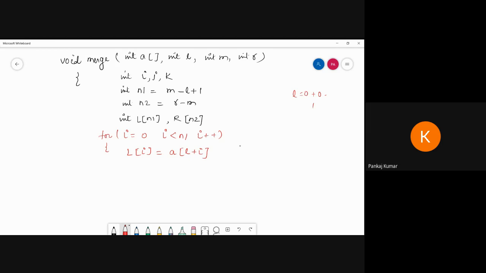Then I am going to apply a similar process with a for loop. Again, j equal to 0, j less than n2 and j plus plus.